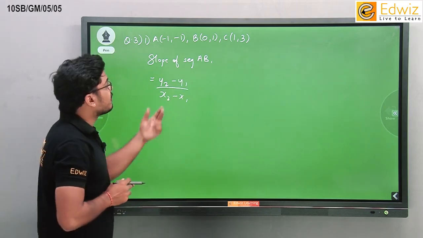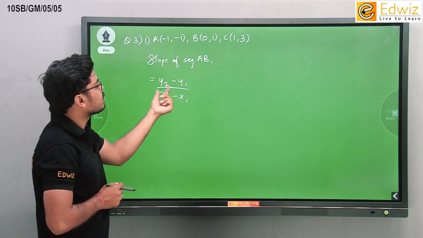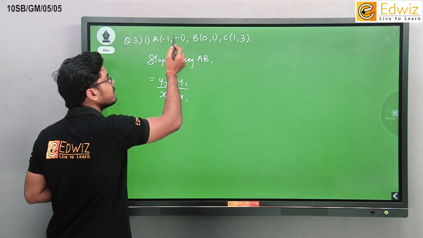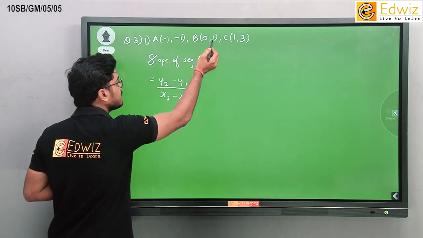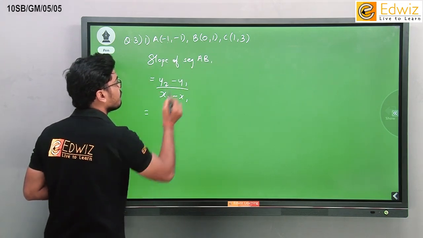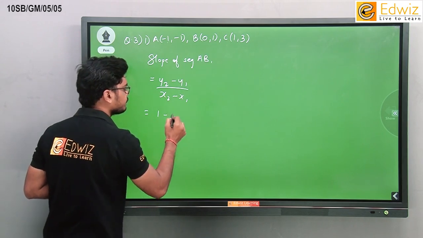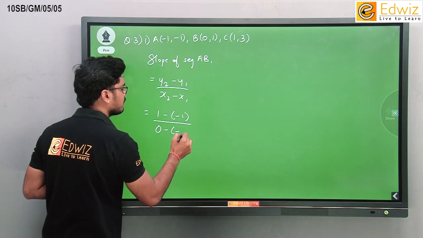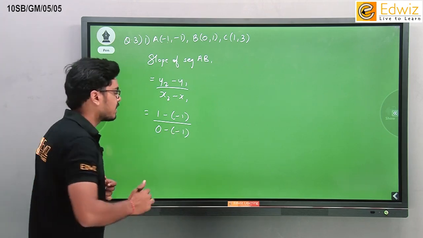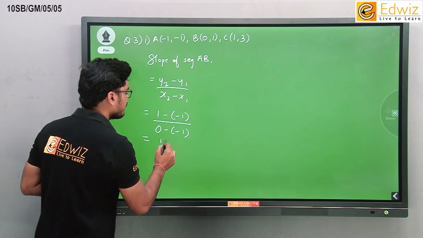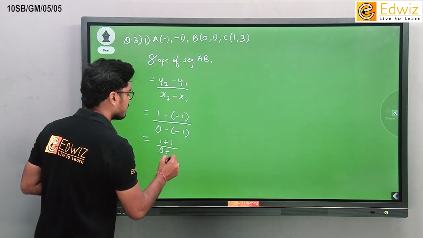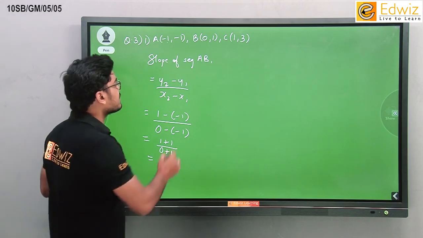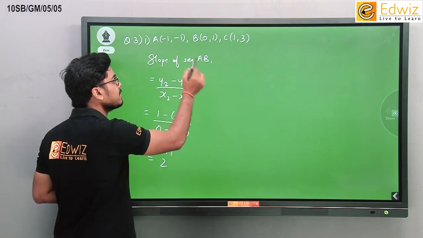Okay, slope formula क्या है? Slope formula is y2 minus y1 upon x2 minus x1. So 0, this is x2, -1, this is x1, this is y2, this is y1. So 1 minus minus 1 divided by 0 minus minus 1. Okay, remember there are two negatives. So what you are getting here is 1 plus 1 divided by 0 plus 1, that is 2 upon 1, which is nothing but 2. Okay, this was the slope of segment AB.